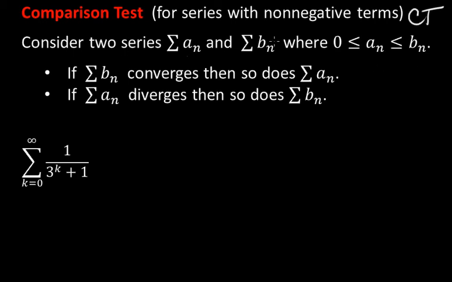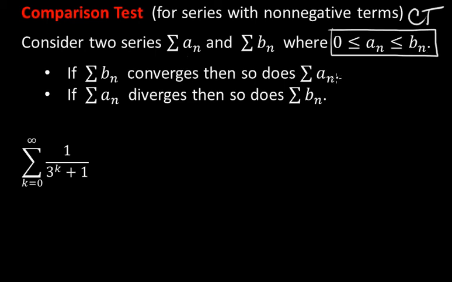So if you have this relationship here, a series where the a sub n's are under the b sub n's, then it won't surprise you that if sigma b sub n converges, then so does sigma a sub n. In other words, if the partial sums of sigma b sub n converge, then so do the partial sums of sigma a sub n.